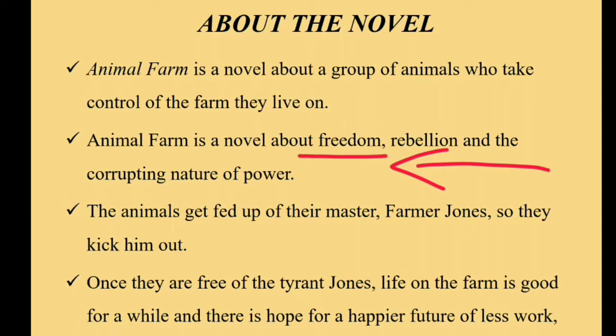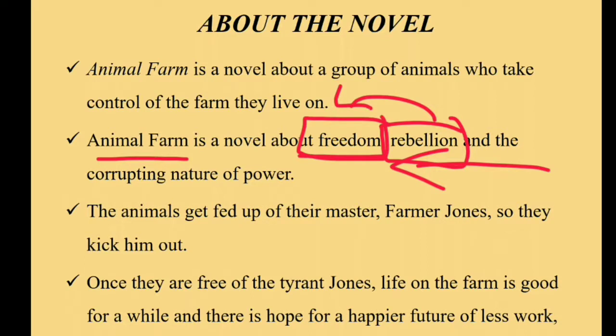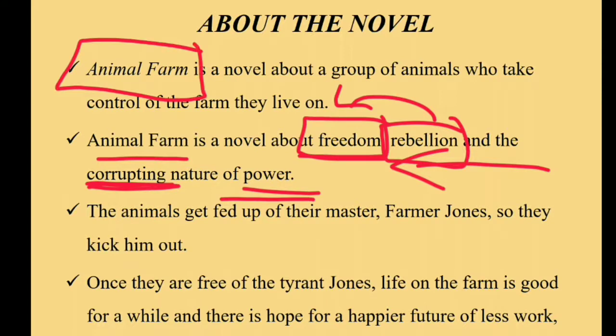As it happened in that revolution, in Animal Farm also we find a struggle for freedom. For getting freedom, there is rebellion, because the power has become corrupted. The power which was governing all the beings of Animal Farm has become corrupt. Therefore, there is rebellion for freedom, and let's see the result of this rebellion.